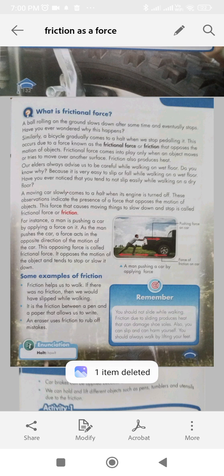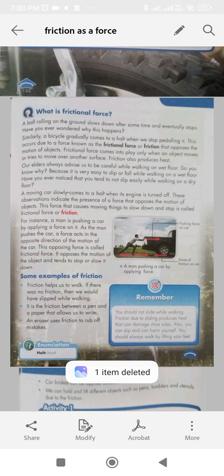A moving car slowly comes to a halt when its engine is turned off. These observations indicate the presence of a force that opposes the motion of objects. This force that causes moving things to slow down and stop is called frictional force or friction.